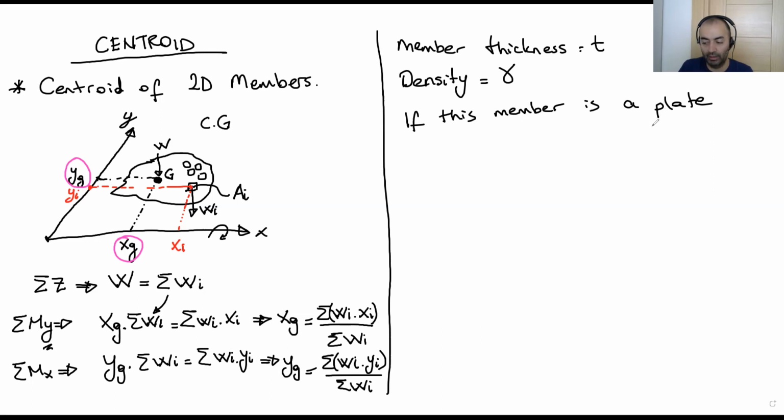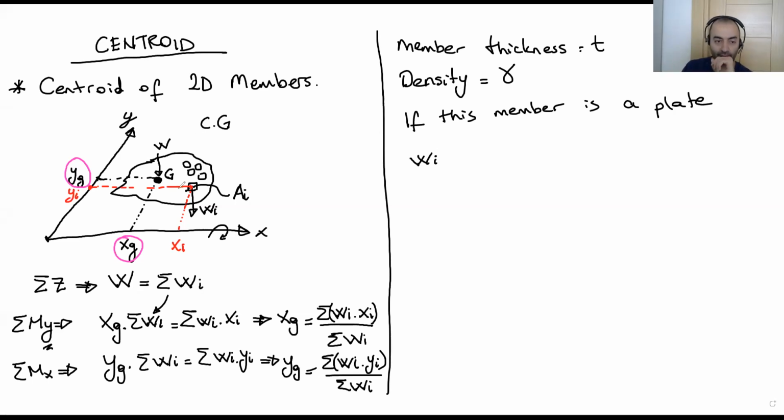okay, how can we write the weight and centroid coordinates? Let's write the weight first for each member. The weight for a member is volume times density, right? We know this from high school. Volume times density. Hacim çarpı yoğunluk. Volume times density.